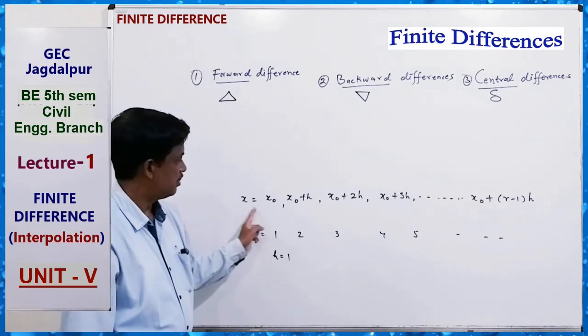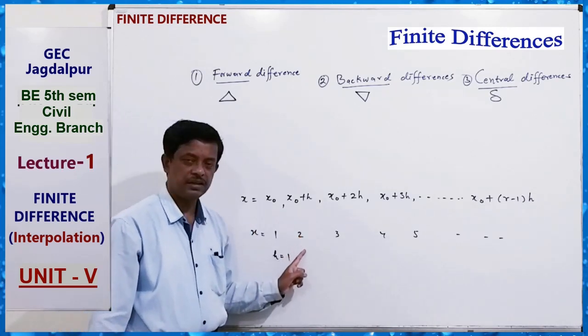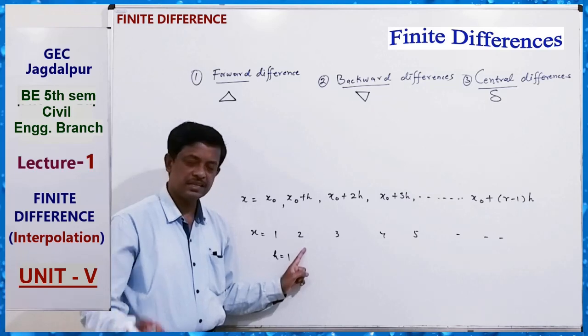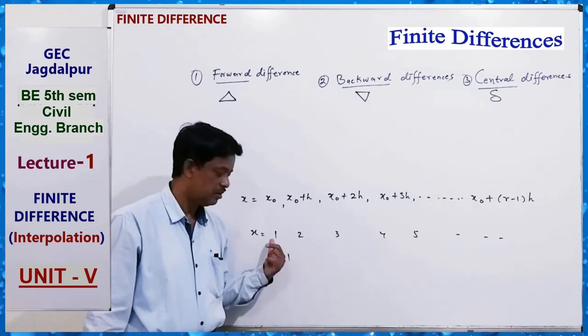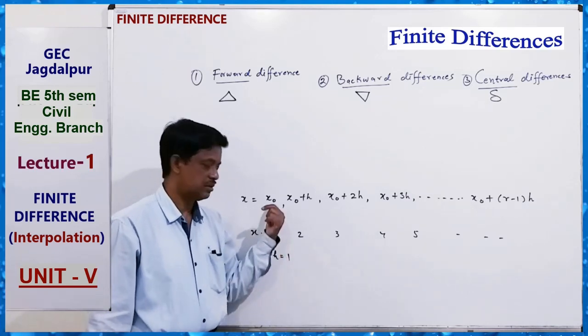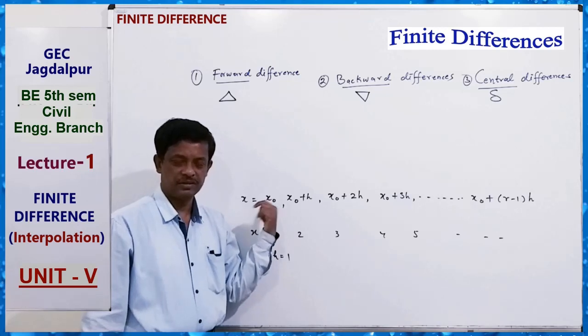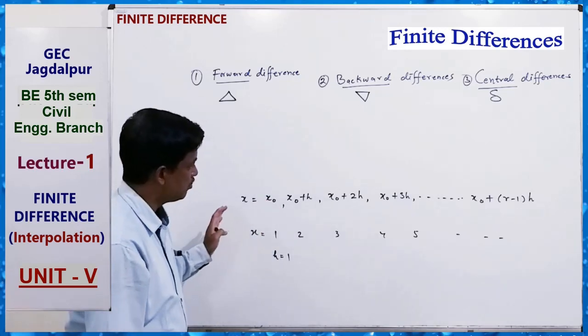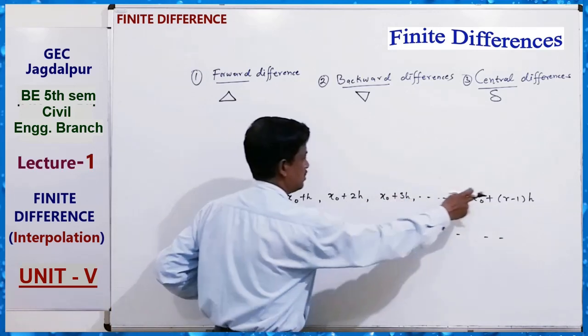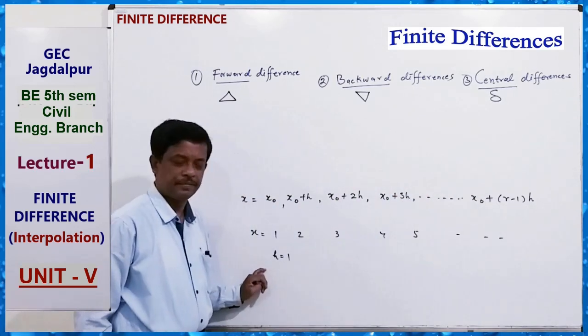So these values are given at equal interval of differencing, 1, starting from x0, the first value of x. This is the type of interval. Clear?